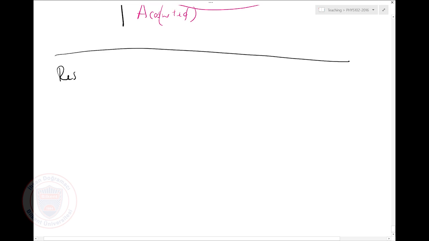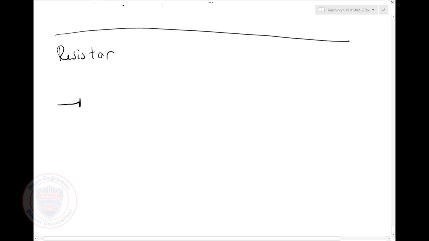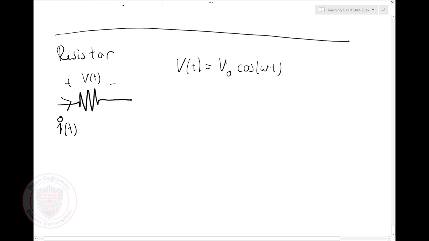Here is my resistor. If a voltage V of t equal to V0 cosine omega t is applied to my resistor, what's the current?